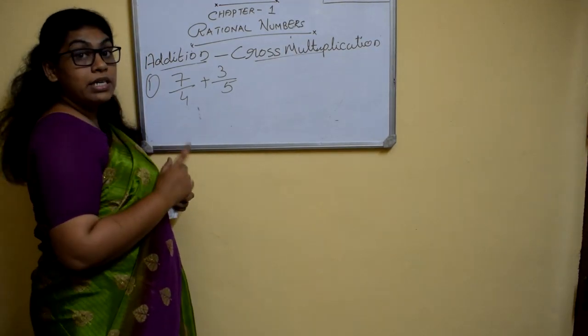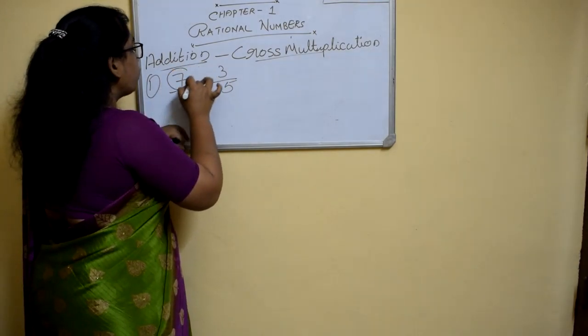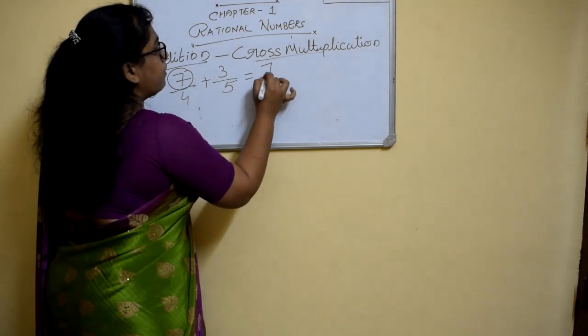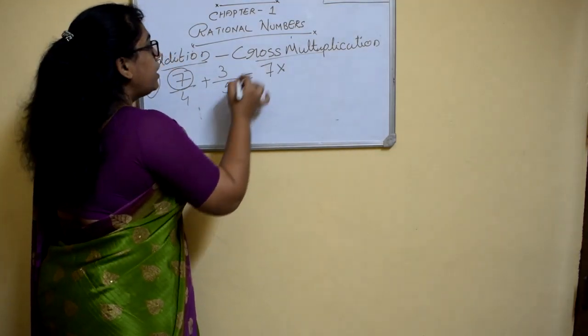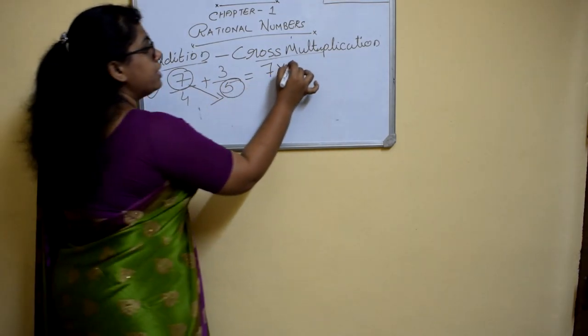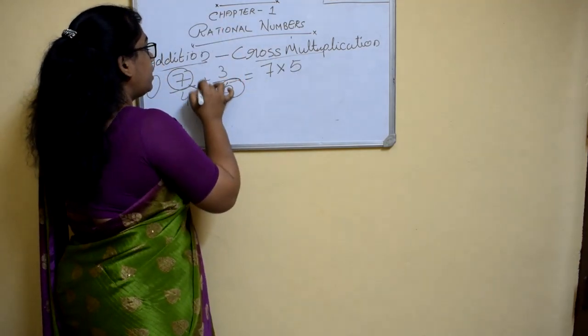Here in cross multiplication, first we consider the numerator of the first rational number, that is 7, into the denominator of the second rational number, that is 5. 7 into 5. Then we put the addition sign.